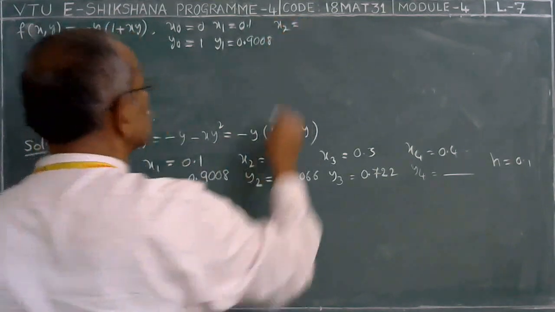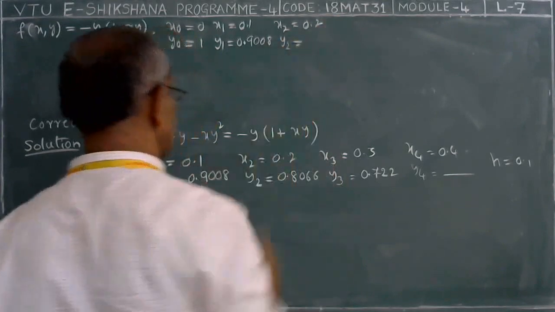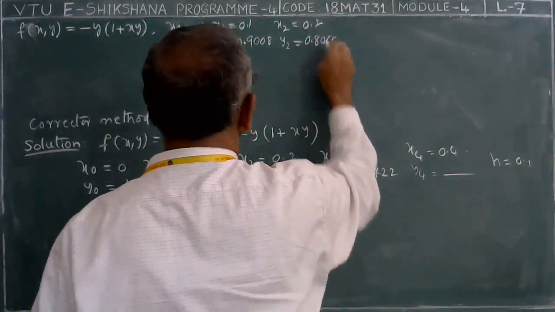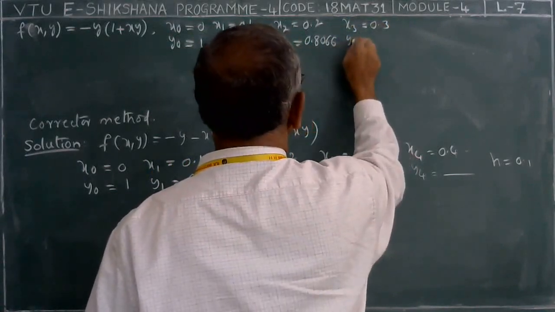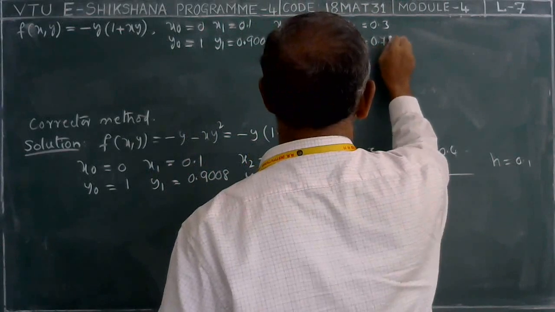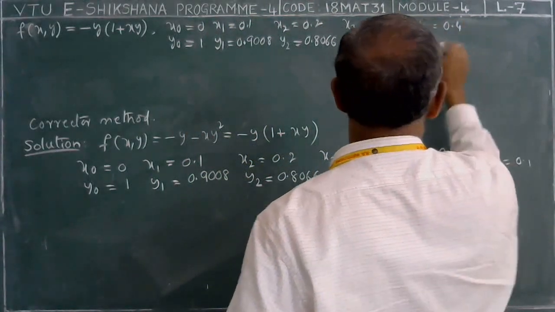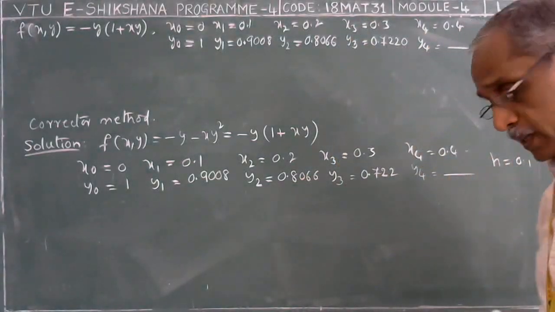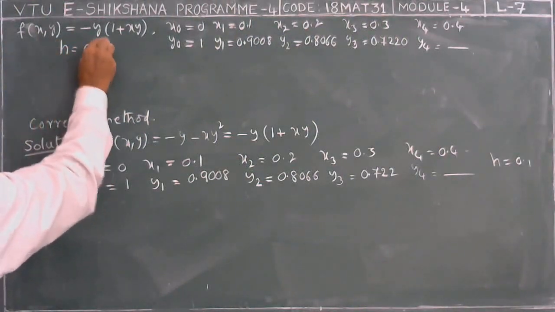Then x2 is 0.2, corresponding value y2 is 0.8066. x3 is 0.3, corresponding value y3 is 0.722. x4 is 0.4, and this is where we need to calculate using Milne's predictor corrector method. Okay. So h is very clearly 0.1.